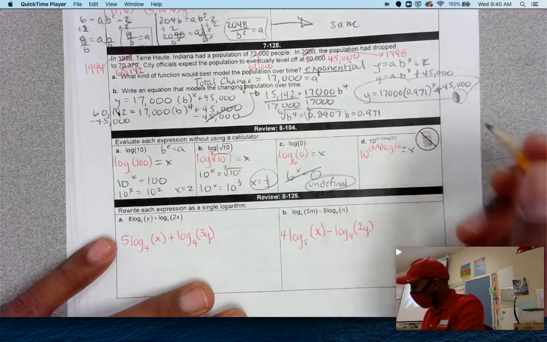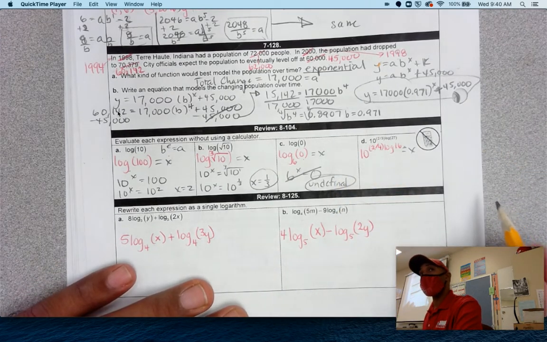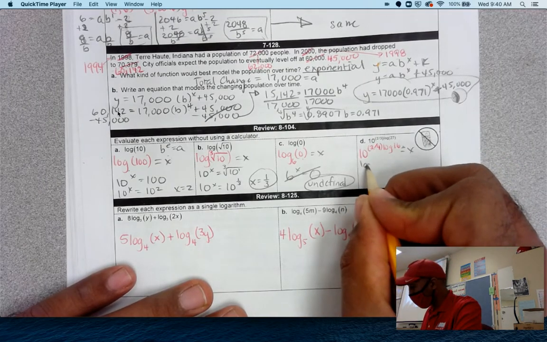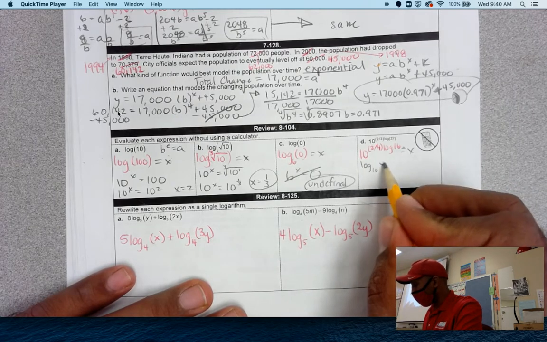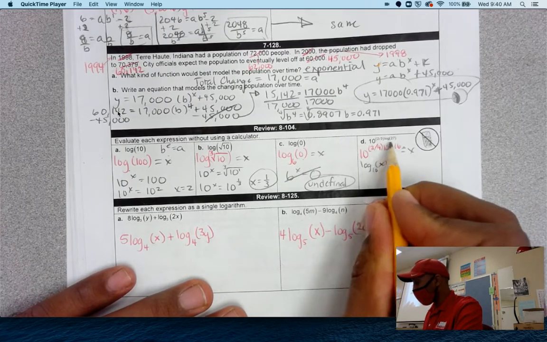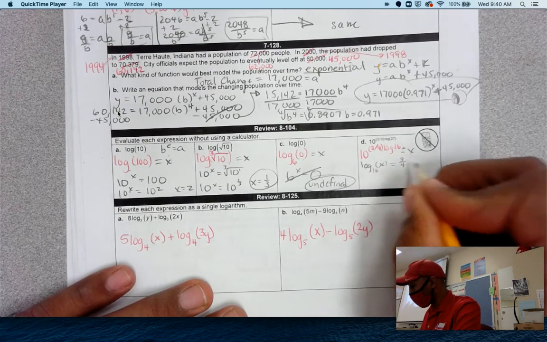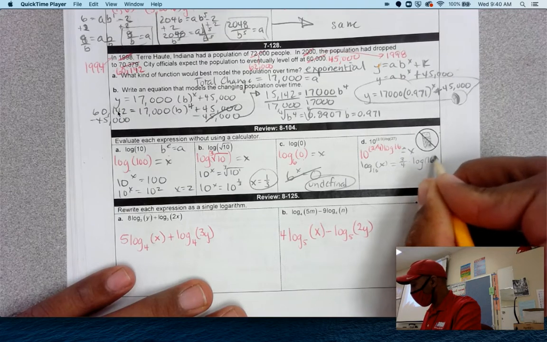Now we're in exponential form, so we're going to go back the other way into log form. Remember this is my b, so log base 10 of your a, which is x. That means this is all going to go on the other side: 3/4 times log of 16.